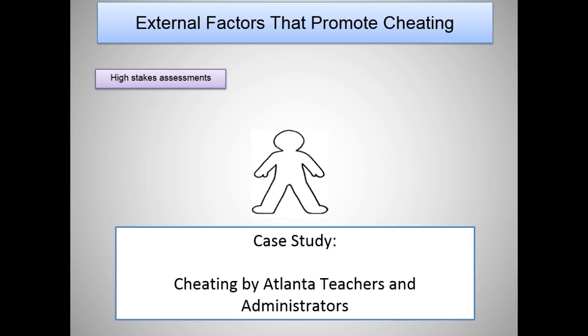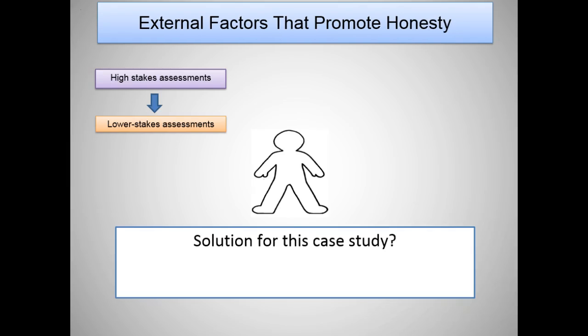The fate of an entire school may rest on a percentage of students that get certain scores on certain standardized tests. So these are high-stakes assessments, and when we have a high-stakes assessment, students are more likely to cheat on it.